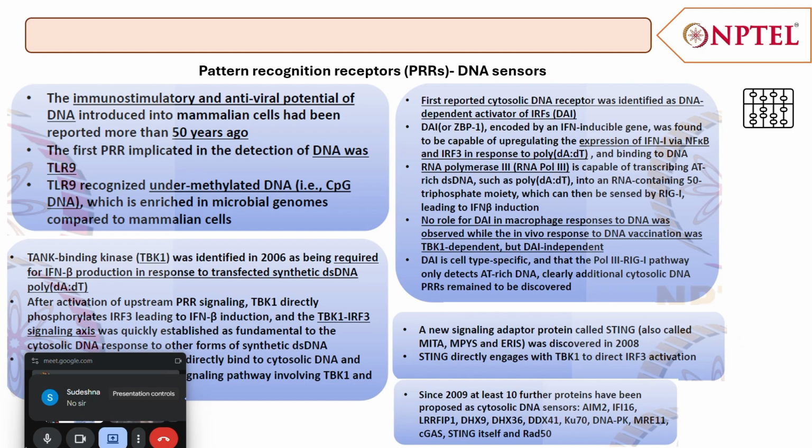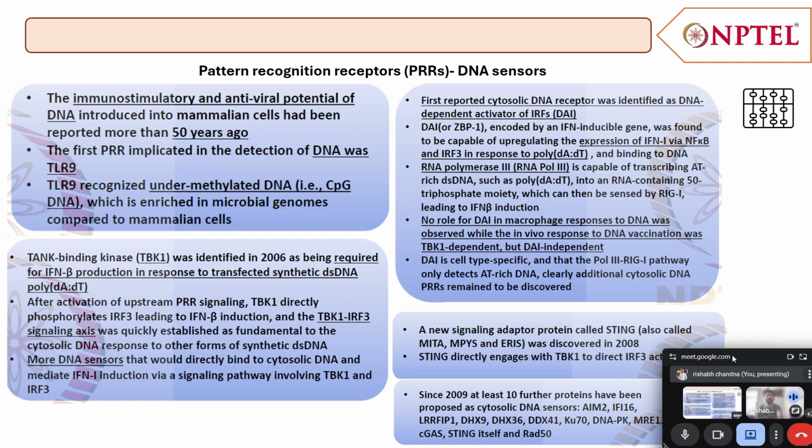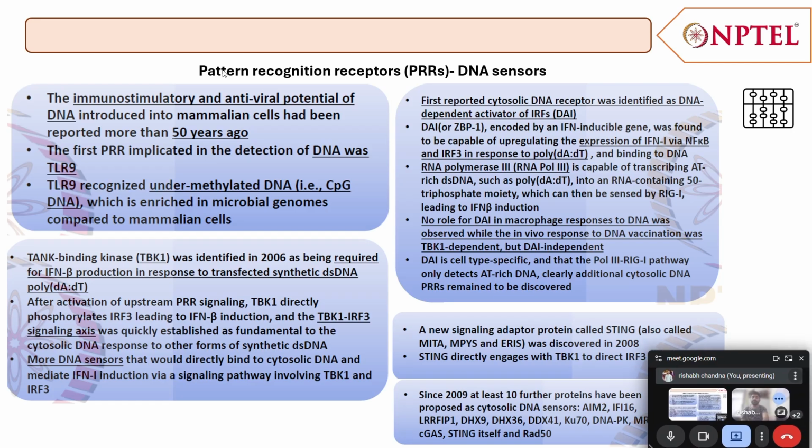Okay, so let's move on. So now we are moving on to the DNA sensors. Okay, so how do these PRRs also recognize DNA? It has been known that DNA sensing occurs through the PRRs, which was reported around 50 years ago.